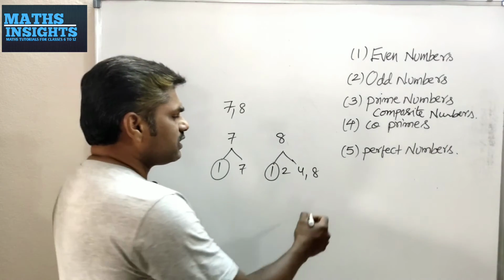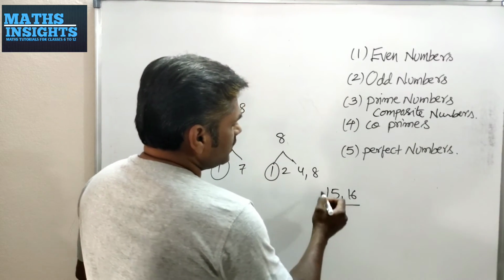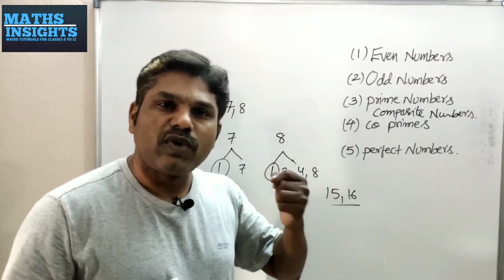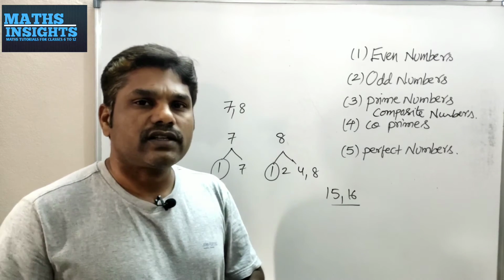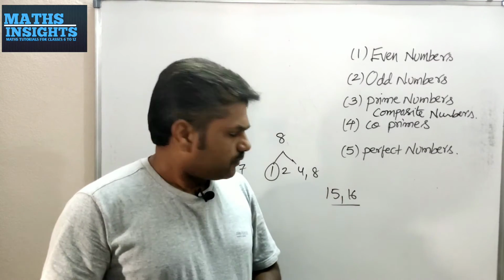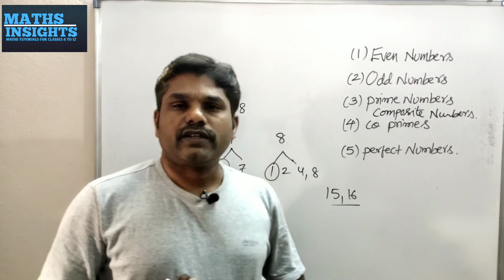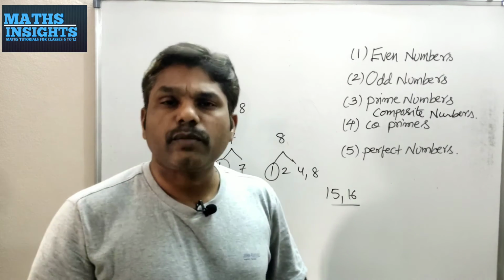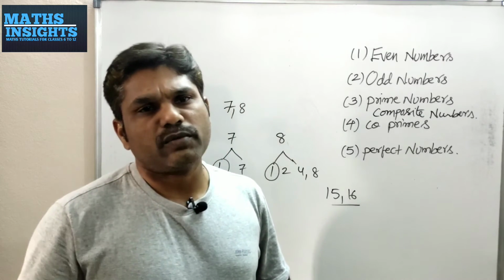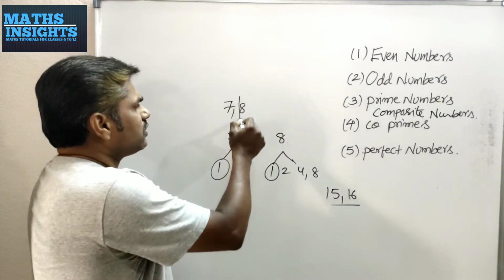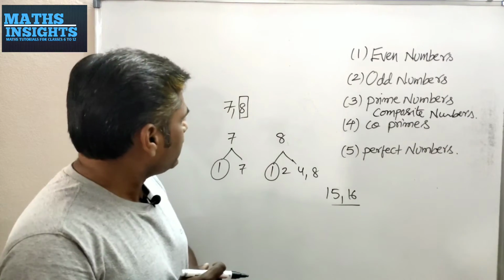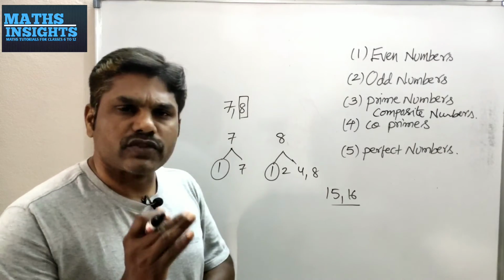And also you may take 15, 16. These two numbers also have 1 as their common factor. There is no other factor common to them. That's why these two are called co-primes. You have to observe one point here. Co-primes may or may not be prime numbers. See, in this example, 8 is not a prime number, but 7 and 8 are called co-primes.